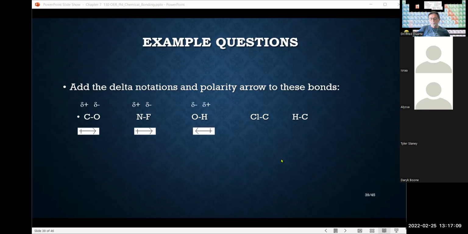Here, we did this before. Oxygen is more electronegative, so the arrow goes from right to left. And in this case, the chlorines are a lot more electronegative than carbon, so the arrow goes from right to left. Partial negative on the chlorine. Carbon-hydrogen, none. Why?